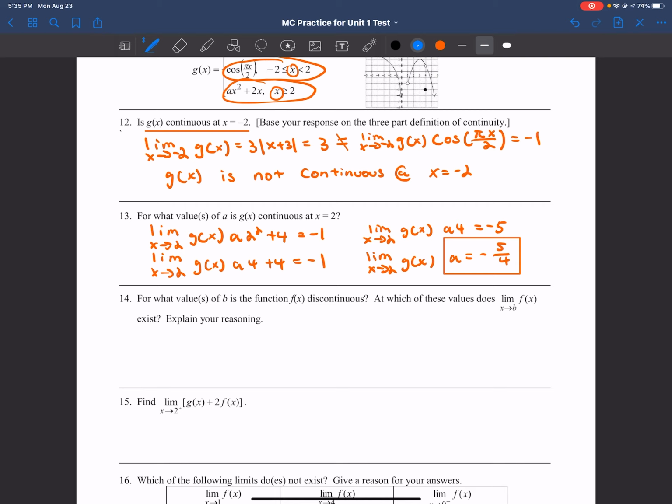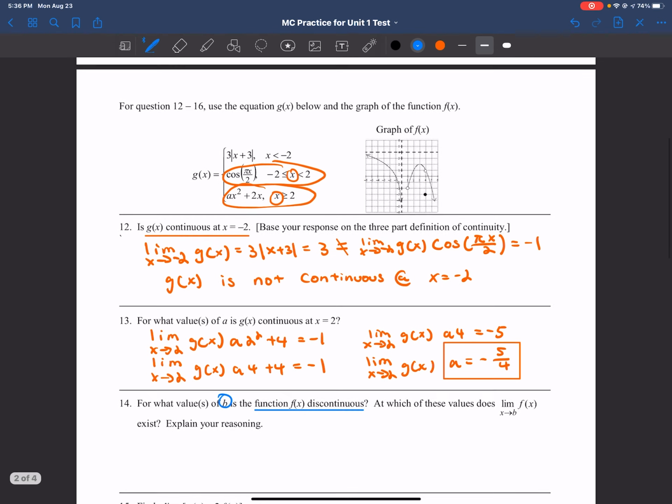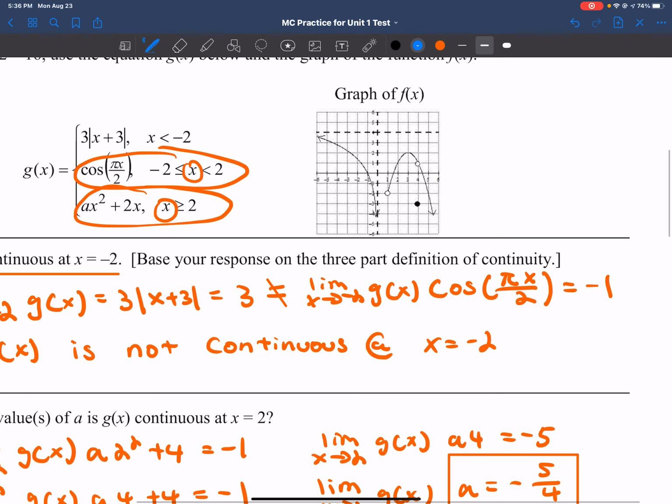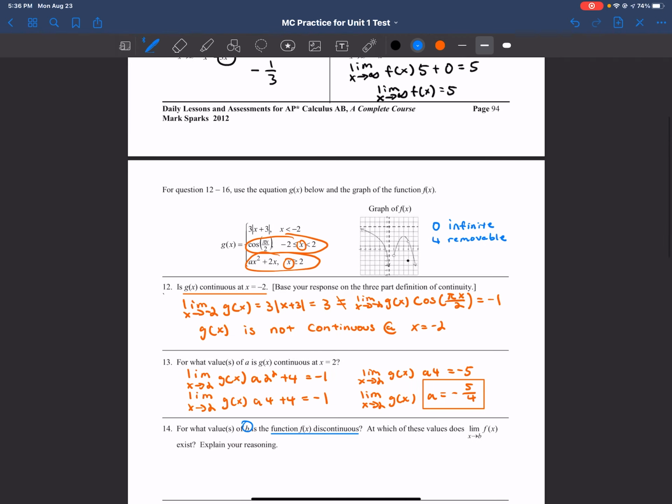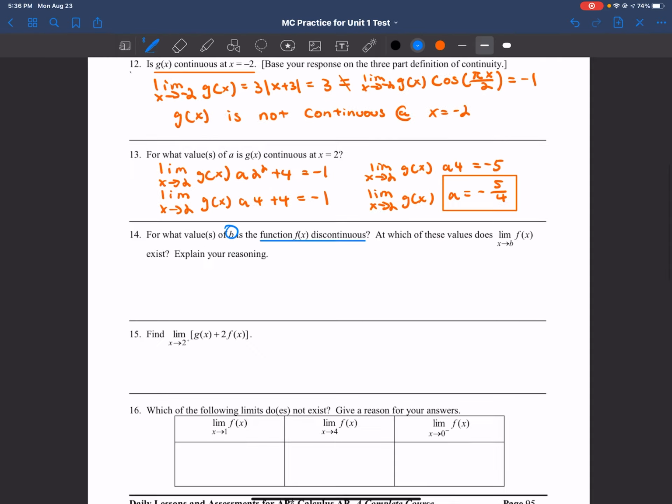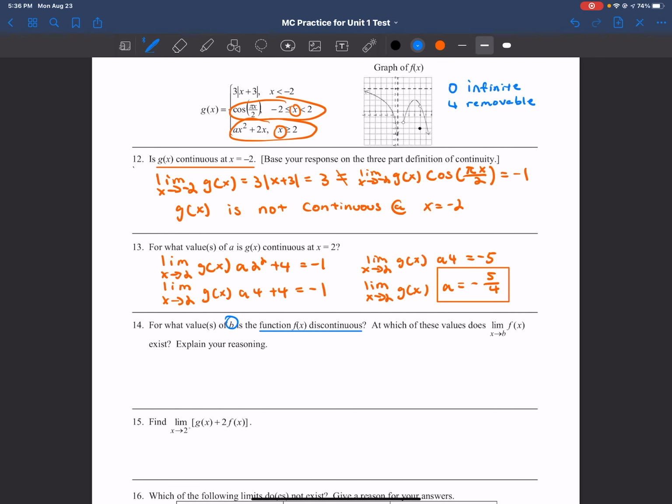So for 14, it asks for what values of b is f of x discontinuous. Then we have to come back to the graph here. If we look at the graph, the first one would be at 0, a discontinuity at 0, and that's infinite. And the other one would be at 4, and that's a removable. So from what we know, we have to prove these points.